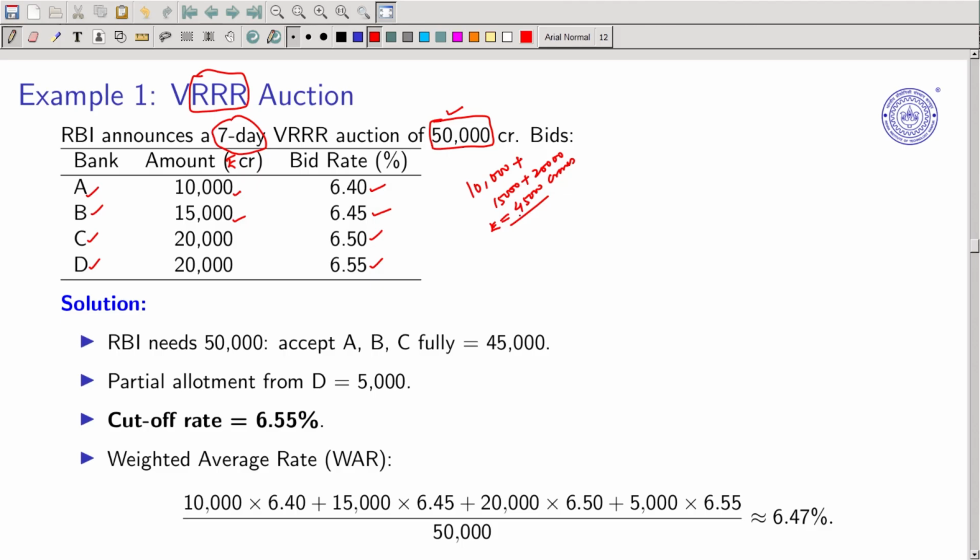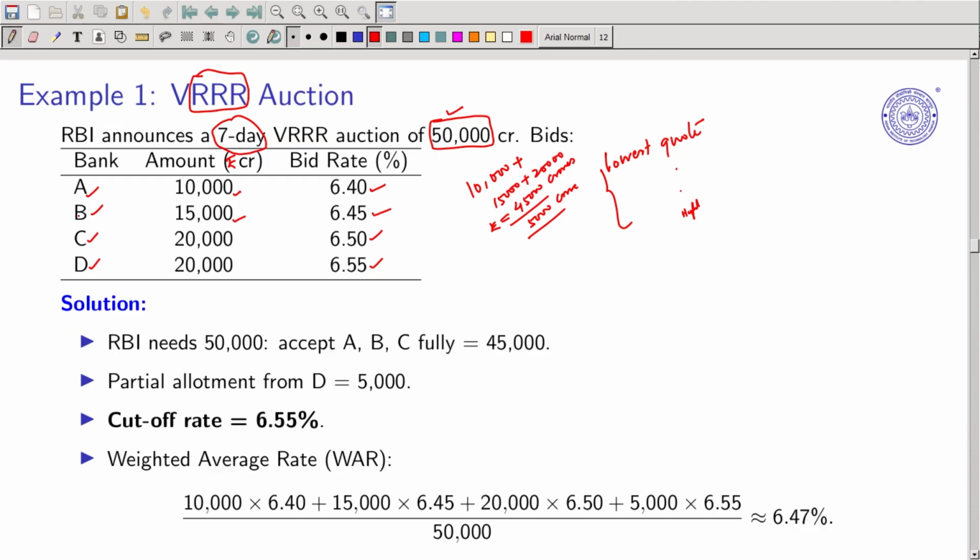Now, bank 4, which is quoting at 6.55%, will get only 5,000 crore, because it is reverse repo. RBI will first give preference to the lowest rate quoted by the bank, and the highest quote gets the lowest amount. This is where cartel formation is possible, that bank D can collaborate with bank B or bank C to get the maximum amount of money.